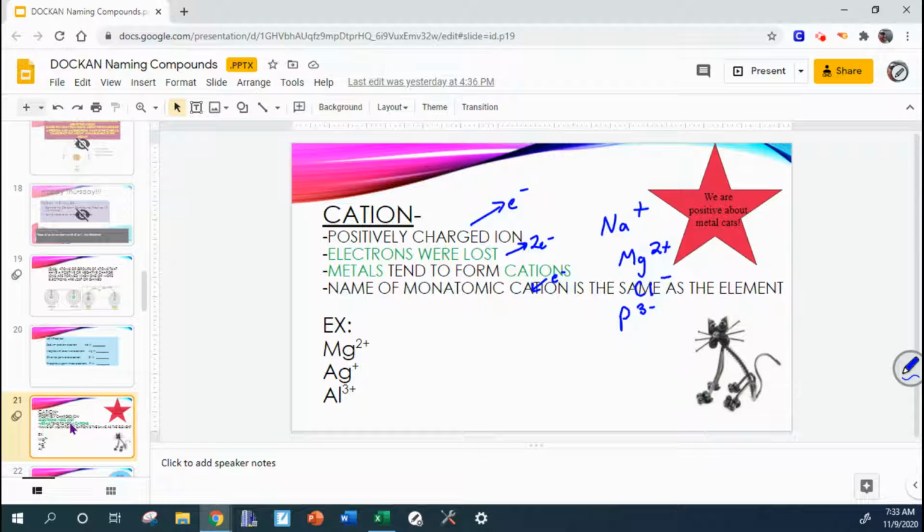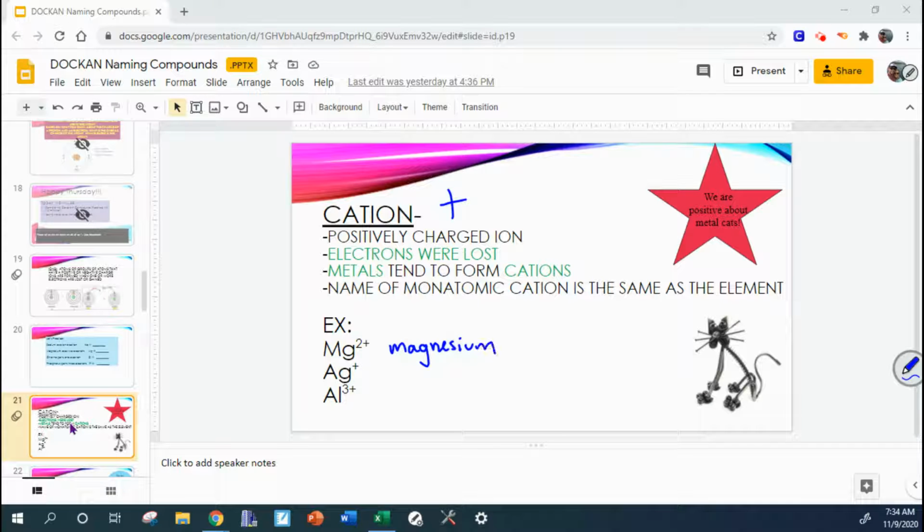We have 2 types of ions, as seen in the last slide. We have a cation, which is a positively charged ion. Electrons are lost. Metals tend to form cations. The name of the monatomic cation is the same as the element. So if I see Mg2+, and it's positive, I'm just going to call it magnesium ion.